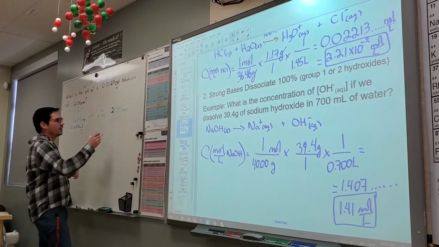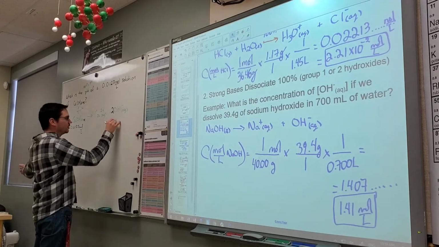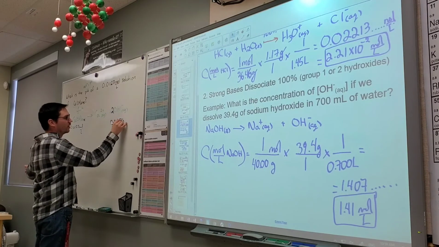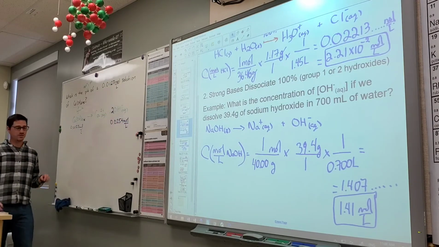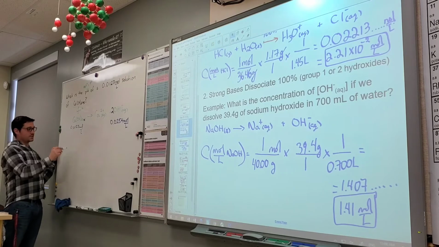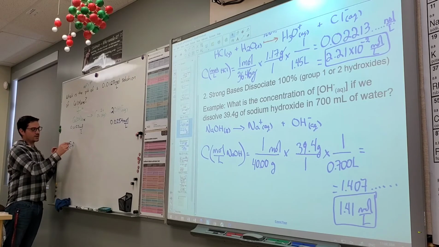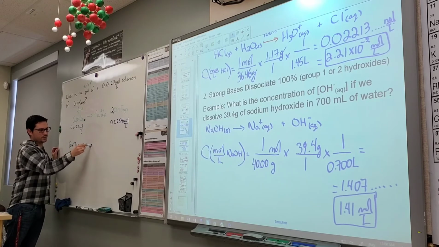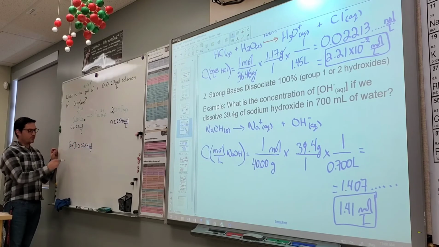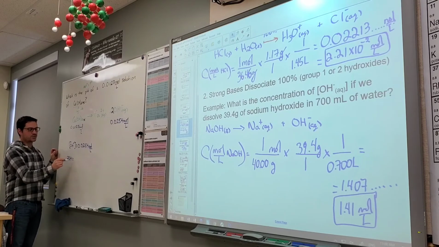So that's 0.0254 moles per liter. So that's my concentration of hydroxide.